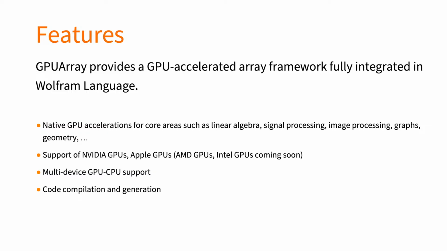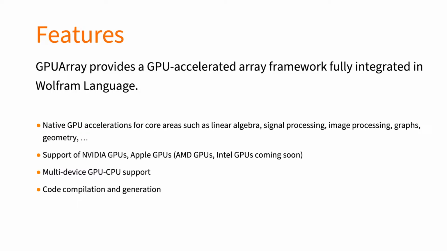It offers and will continue to provide extensive native GPU acceleration for computational domains such as linear algebra, signal processing, image processing, graph, geometry, and beyond. It is platform and vendor agnostic, supporting both integrated and discrete GPUs. Currently, it supports NVIDIA and Apple GPUs.